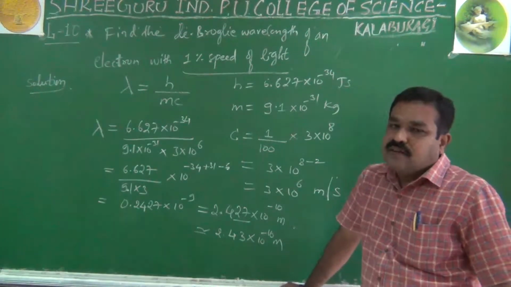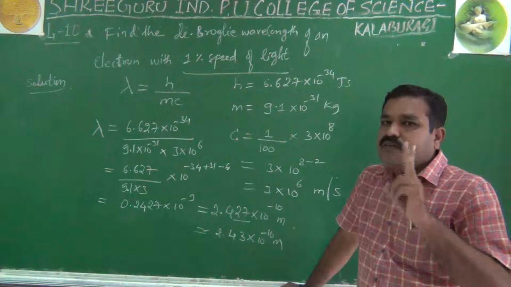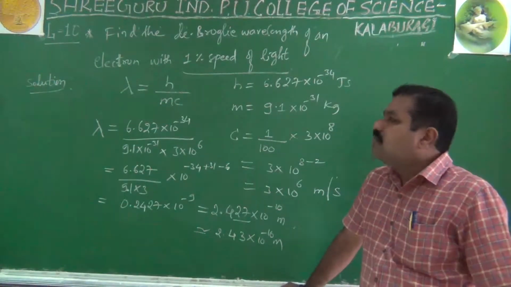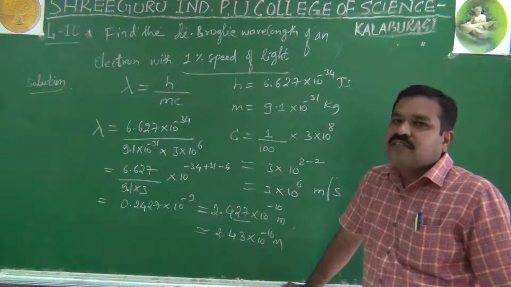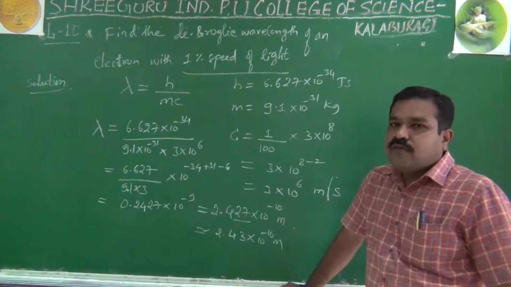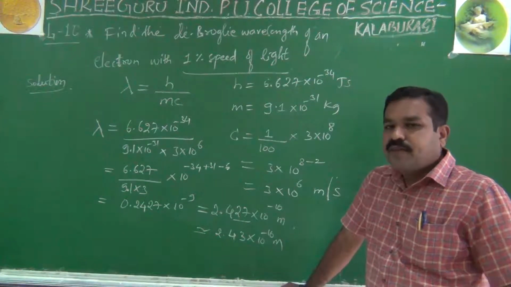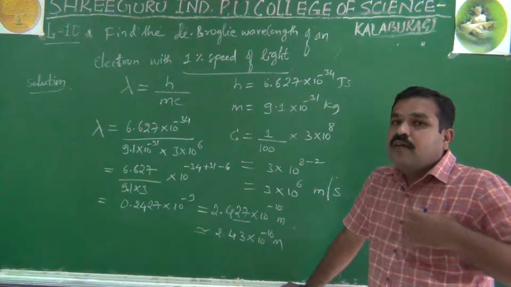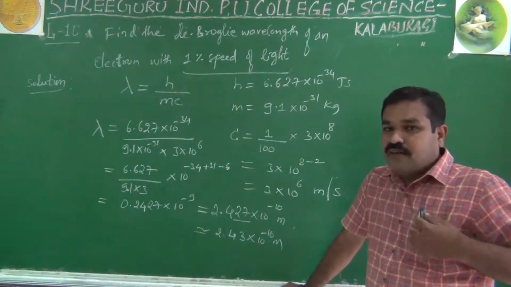That means the wave frequency, wavelength and wave number of the spectral series can be calculated using the Rydberg equation, nu bar is equal to 1 by lambda r into 1 by n1 square minus 1 by n2 square. Compulsory one problem. Please students try to solve still more problems from the NCERT textbook.